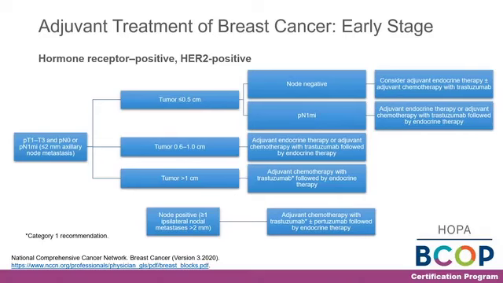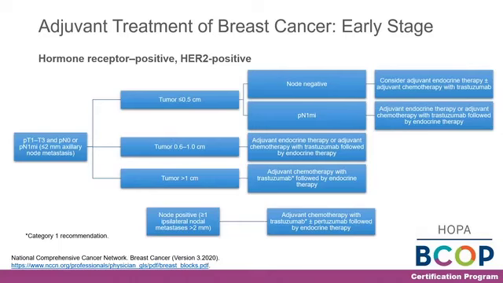So this is broken down a little bit more than in the types that I discussed before. The smaller the tumor, the less strong the recommendation to have the patient undergo chemotherapy with trastuzumab, followed by endocrine therapy. And then the larger the tumor, the stronger the recommendation is for adjuvant chemotherapy with trastuzumab followed by endocrine therapy.